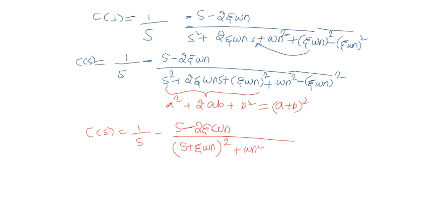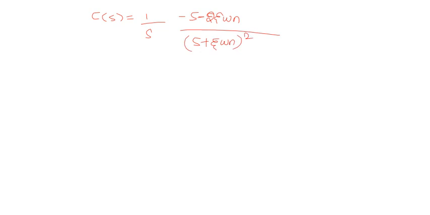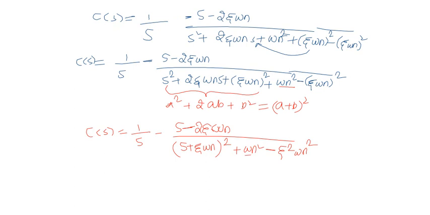So here we are having omega n square minus zeta square omega n square. Then the equation of C of s equal to 1 by s minus zeta omega n minus 2 zeta omega n, and here we are having s plus zeta omega n whole square plus here we are having omega n square and zeta square omega n square.